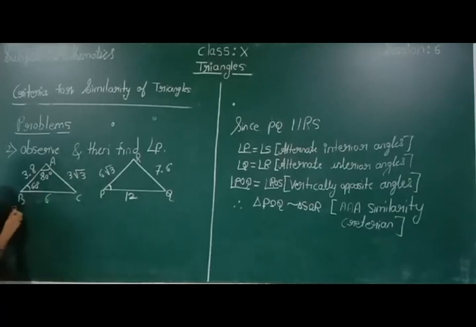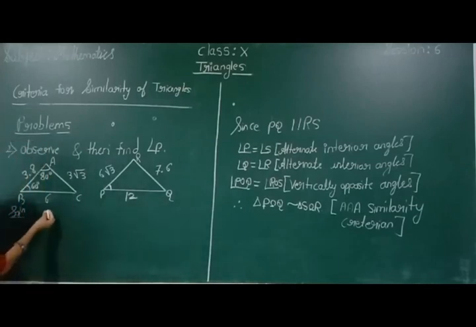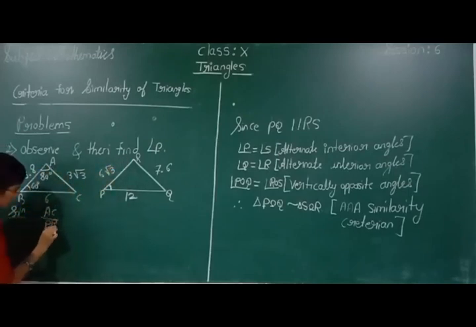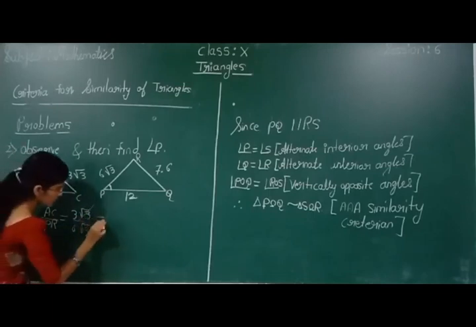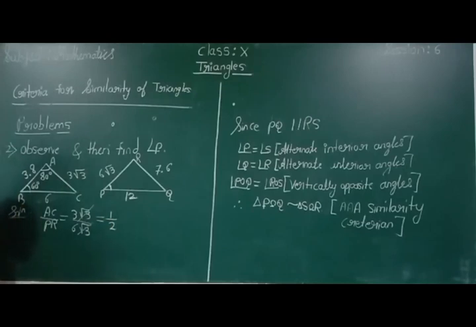Solution: we will check AC by PR. Same quantity we have to take here. AC is 3√3, PR is 6√3. √3 will get cancelled. 3 ones are 3, 3 twos are 6. The answer will come 1/2.